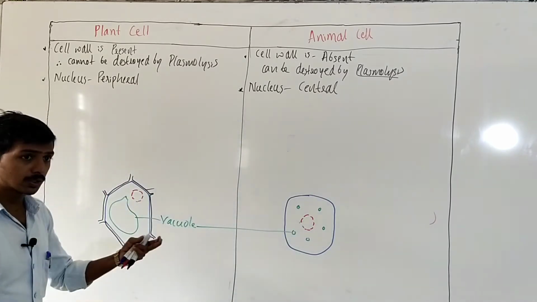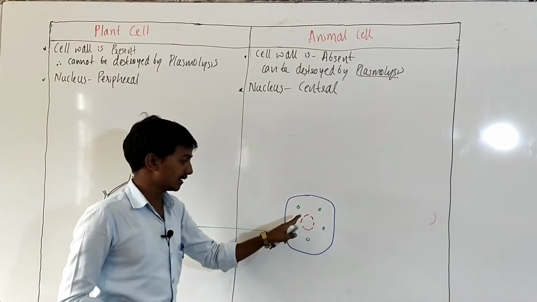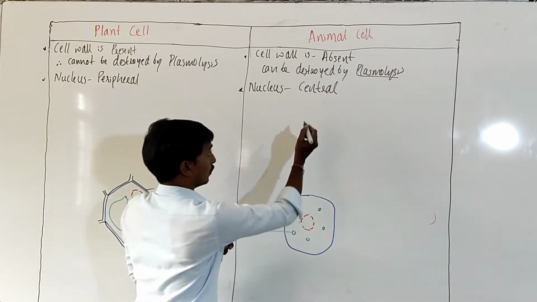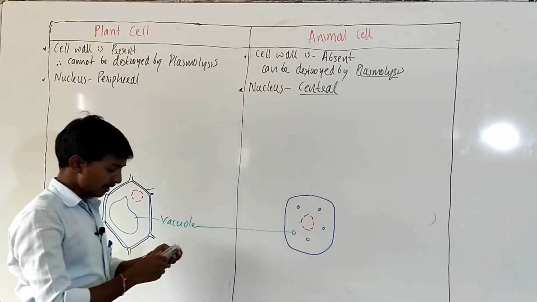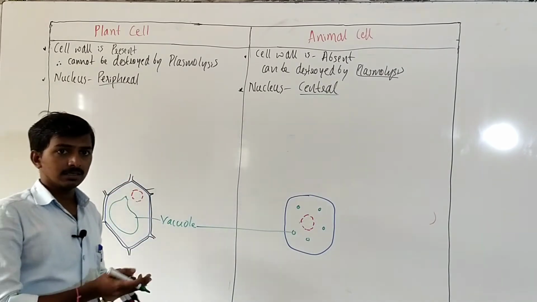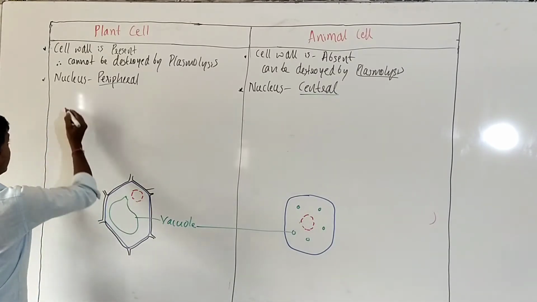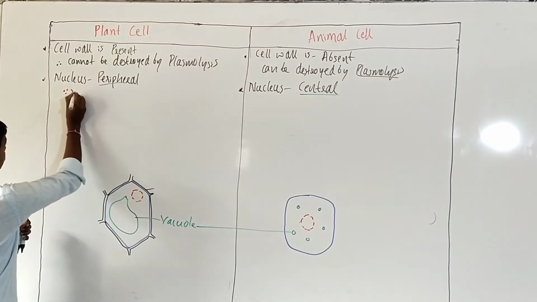So the vacuoles do not affect the position of the nucleus. Hence the nucleus is central in case of animal cell and peripheral in case of plant cell.